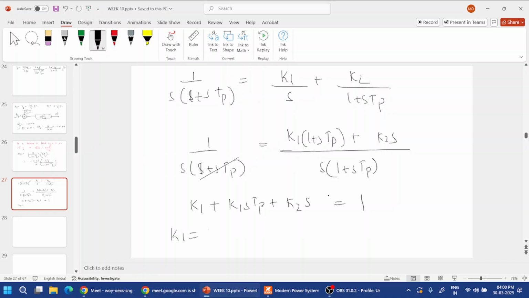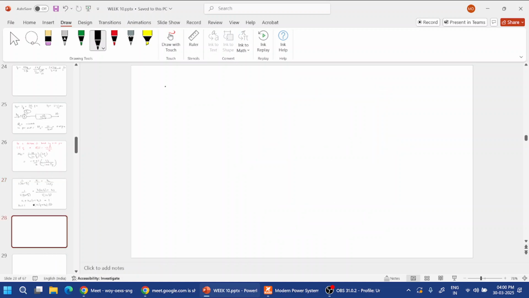We have the value 1, but as s is not there, K1 Tp plus K2 will come out to be 0. And we know the value of K1. So how much will K2 be? Just a second, K2 will be minus Tp. Okay, minus Tp. So we found those values.